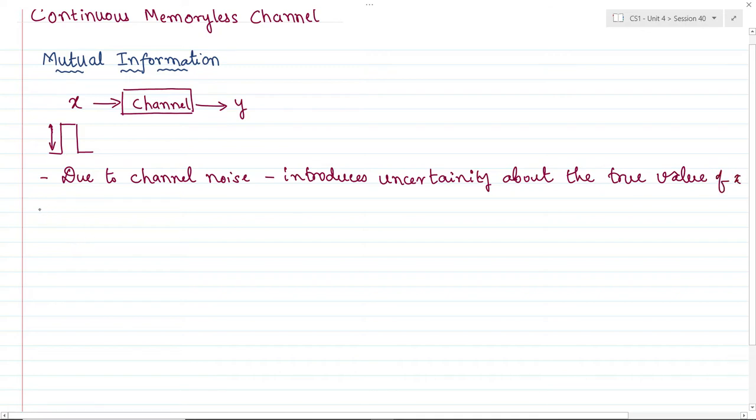Let's consider an event where the transmitter is transmitting a value.